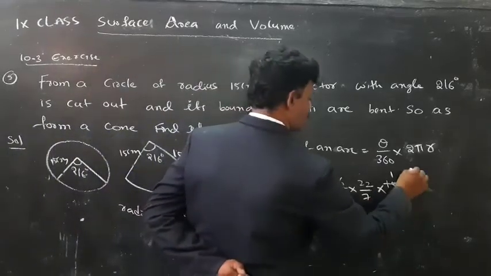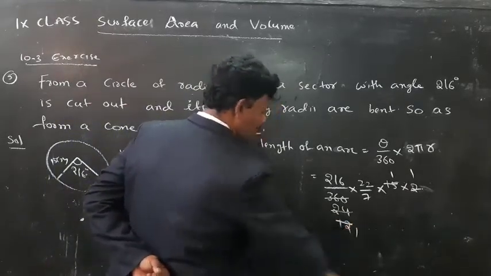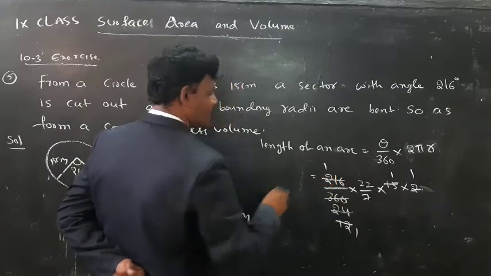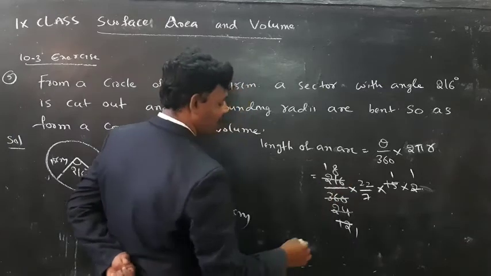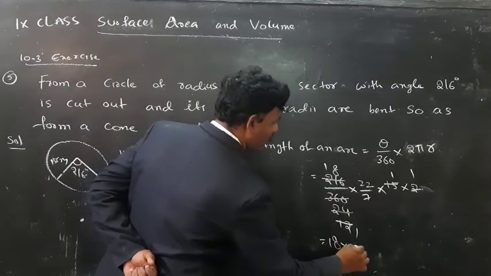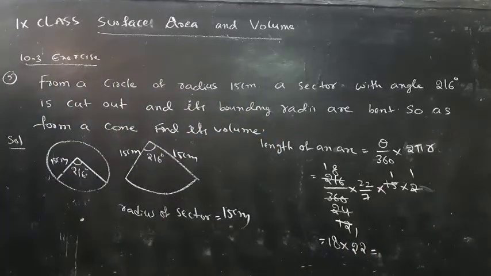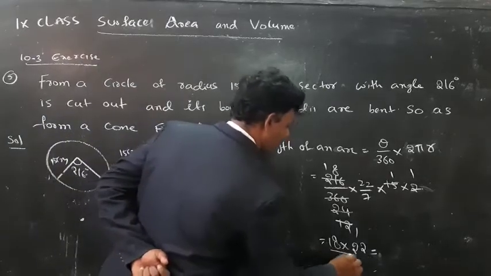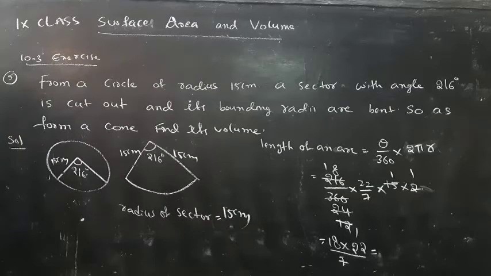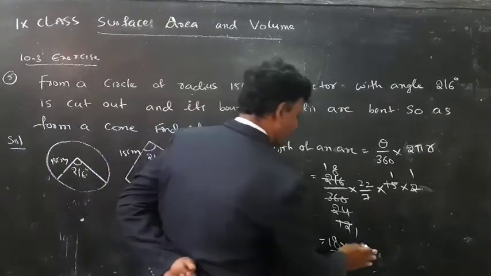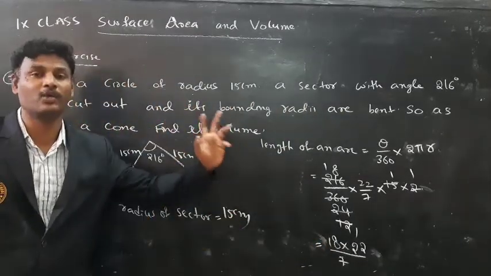Next, 2 ones are 2, 12 twos are 24. Next 12 ones are 12. What is remaining? 9 remaining. 12 eights are 96, which is nothing but 18 into 22 by 7. So the length of an arc is 18 into 22 by 7.